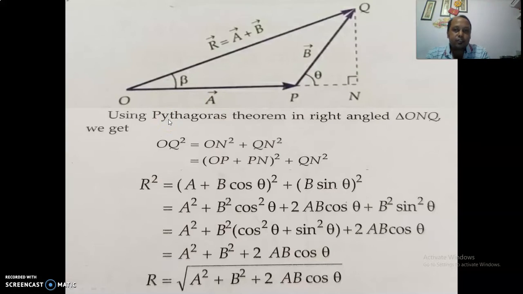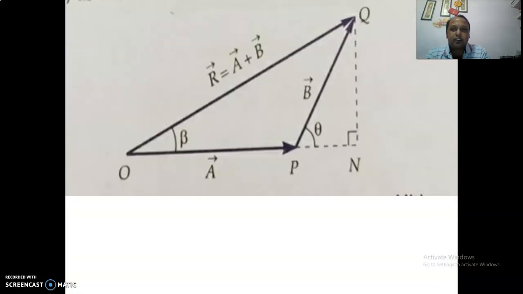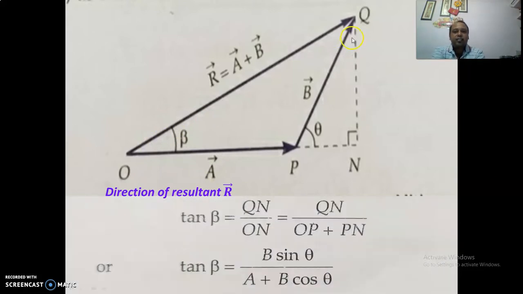So that is how you have to tell the direction of the resultant vector in terms of the direction of vector A. So let us see how to calculate the value of beta. To calculate the value of beta, we will take tangent beta in the right angle triangle QON. Tangent beta is perpendicular by base, or opposite by adjacent, that is QN by ON. Now this ON can be written as OP plus PN.